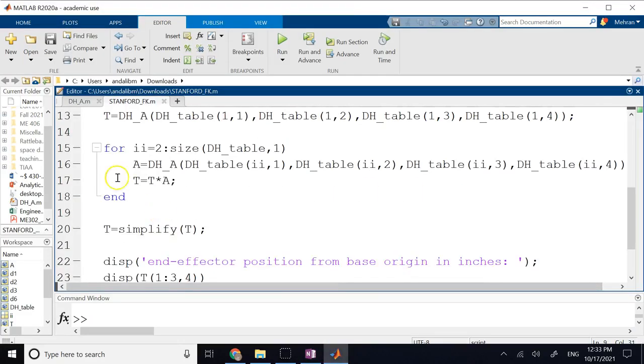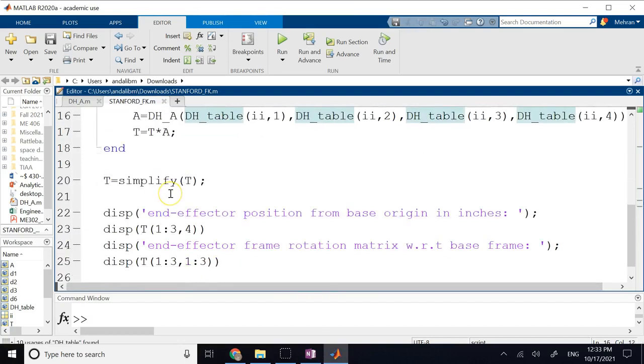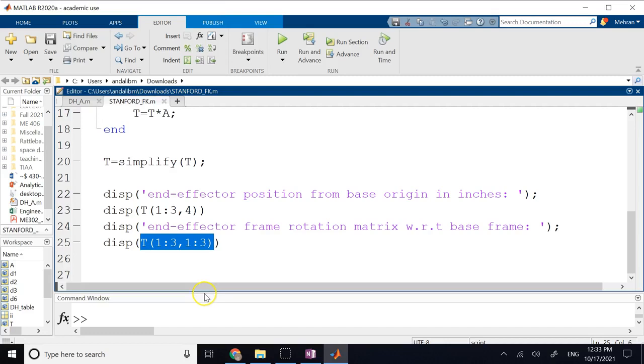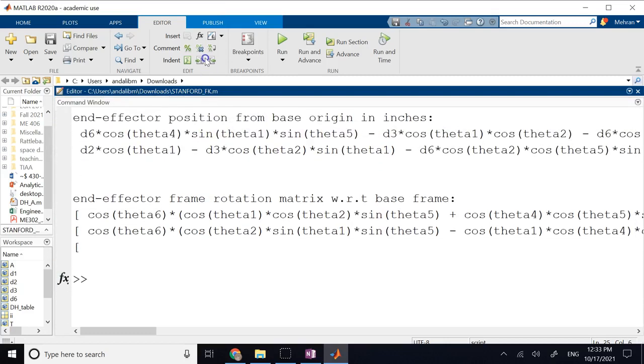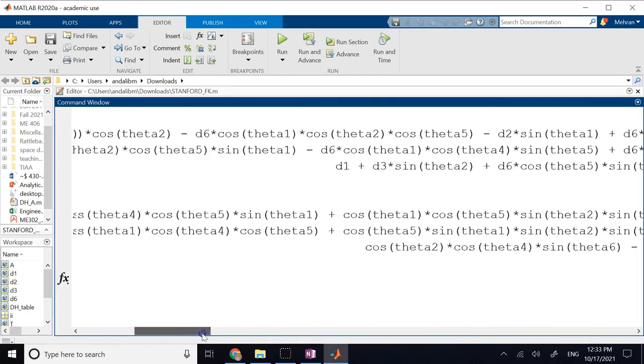And I started my T as A1, and then from 2 to 6 I got all A2 to A6 pre-multiplied. I used the simplification in the symbolic toolbox, and then, as I said, this part of it is the position. This minor of it is the end effector rotation matrix. And if you look at them, they are not going to look super nice, okay?